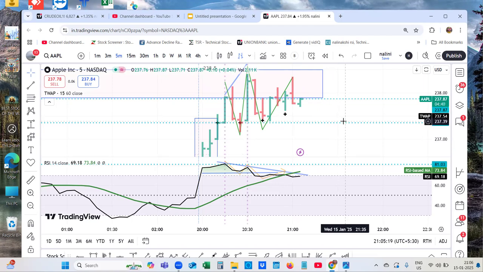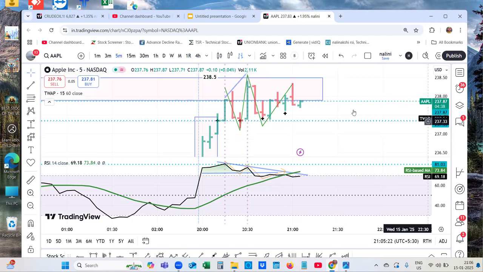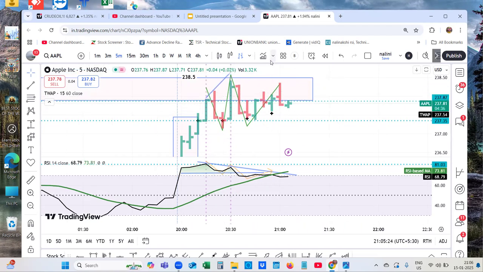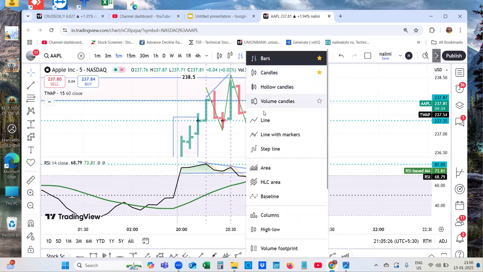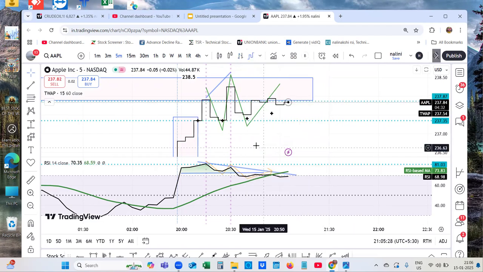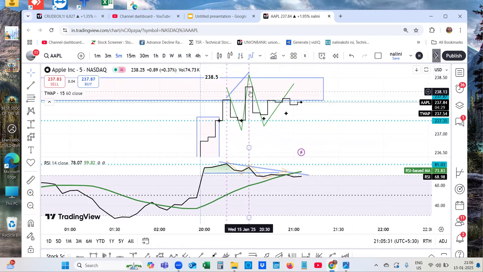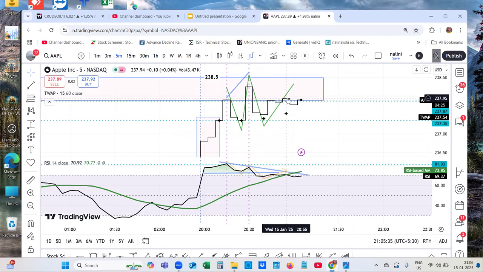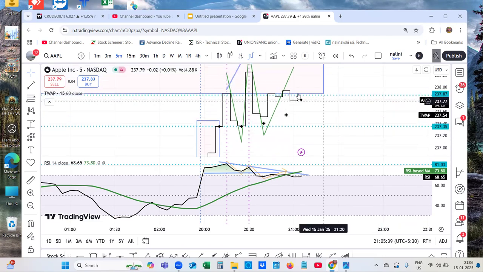So what the structure is making is, if I change it to line chart, step line, you can see this is the high, these are the steps, higher high, and this step you can see has fallen below this. Okay. So it is showing some sort of weakness. The price is still struggling.